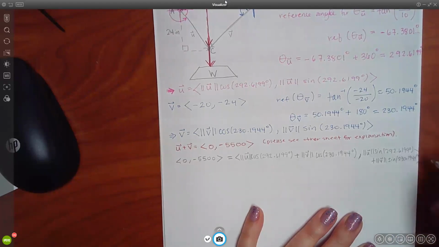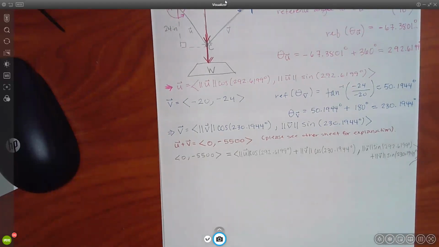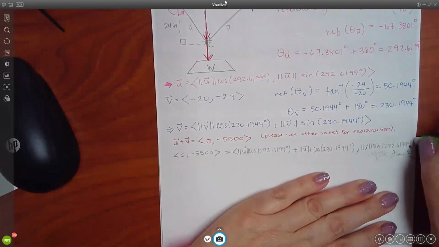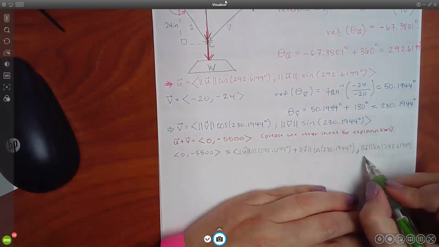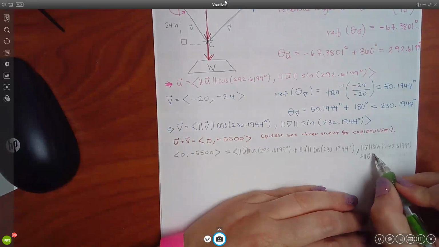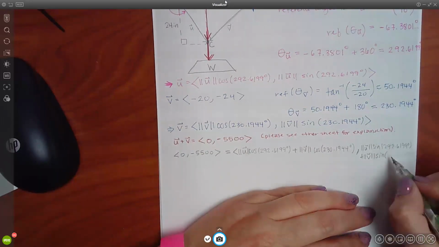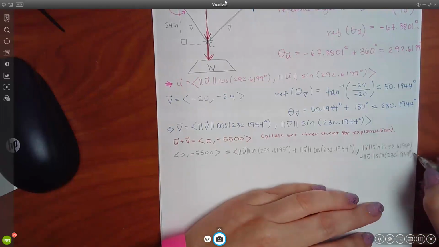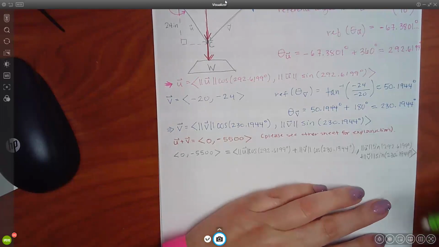And I'm trying to squeeze it in there. I also have to close up my little vector with those V things. I think I'm going to scoot this over just to fit it all in. So close that parentheses and then close up my vector.